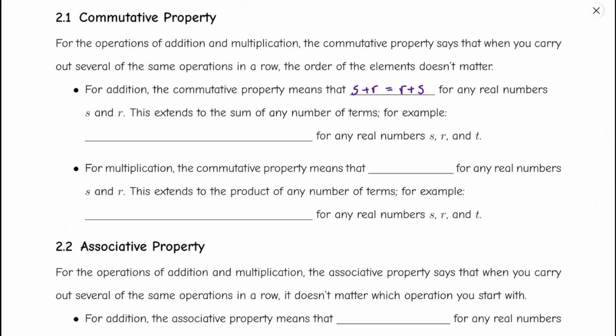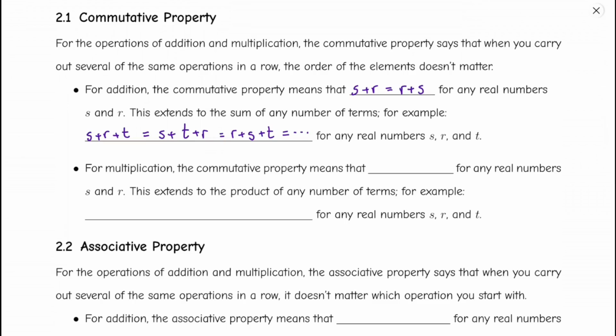For example, S plus R plus T is the same thing as S plus T plus R, or R plus S plus T, or any other way you can rearrange those three letters for any real numbers S, R, and T.